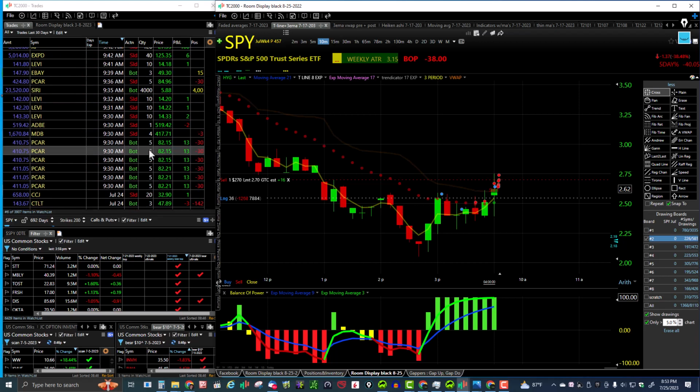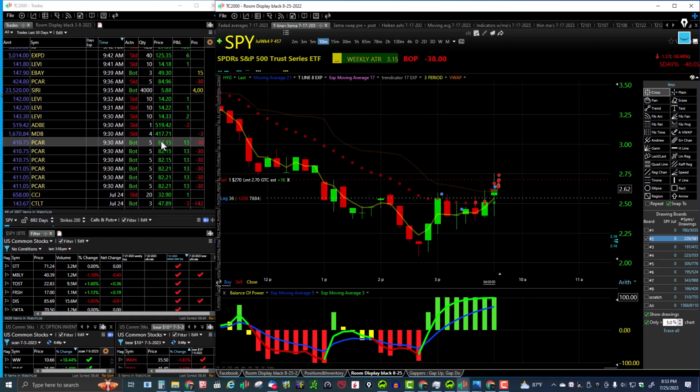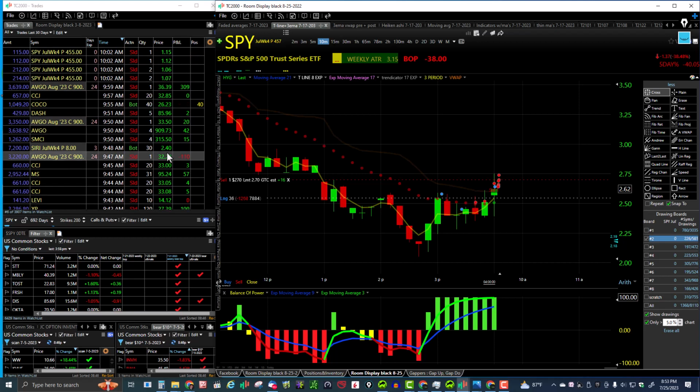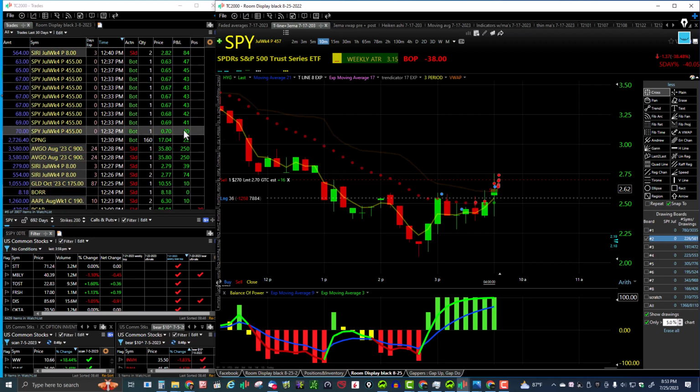I'm constantly moving product. If you ever work for a firm, they want you to move the inventory. Why? So that they can make money. This is what I do. I move my inventory, all of it, all day long, because that's what it takes to make money. You can see you got an inverse head and shoulders on this one.